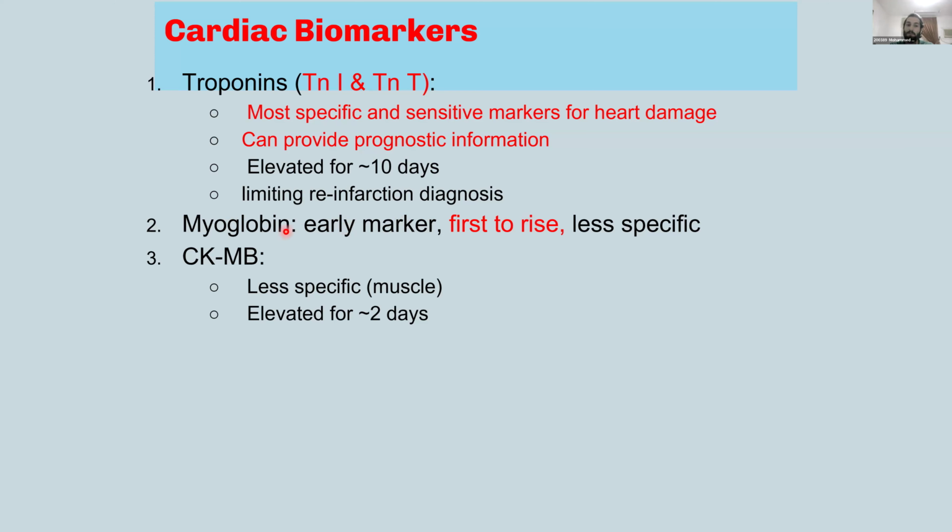But myoglobin, from its name, is found in muscle, whether cardiac or skeletal, so it's less specific. But the key feature here is that it's first to rise. Also an exam question: what's the fastest marker to rise in a heart attack? It's myoglobin. It rises within 1 to 2 hours. The third cardiac biomarker is CKMB.